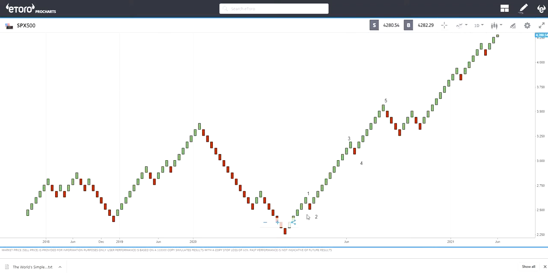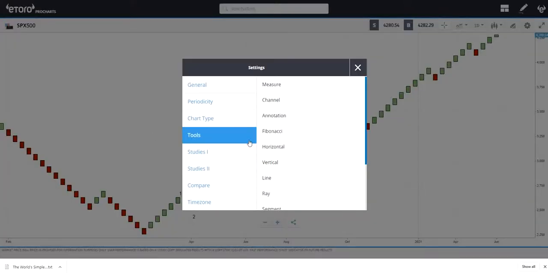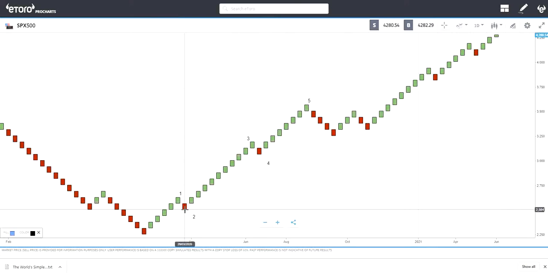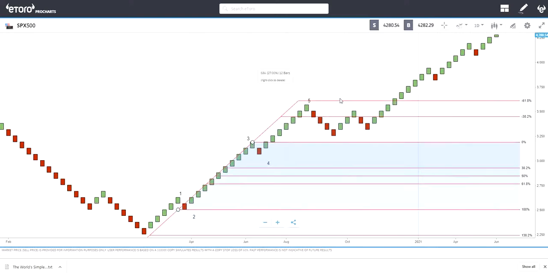Yeah, if you go and draw maybe Fibonacci here, for example, you can see that number, wave 3, the 61%, and also the other way, the 138.